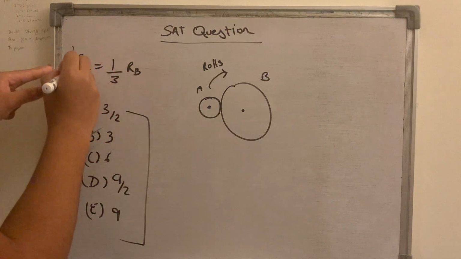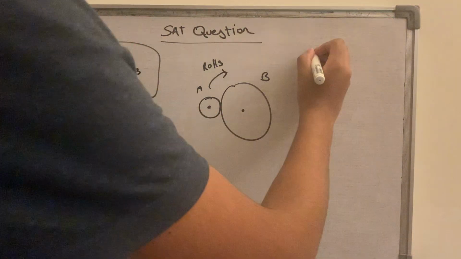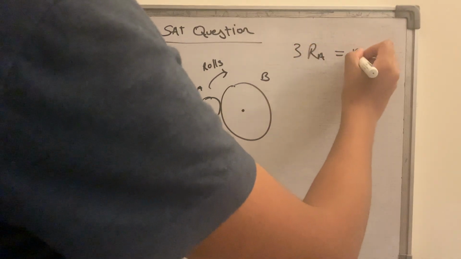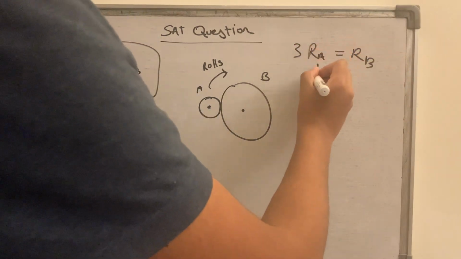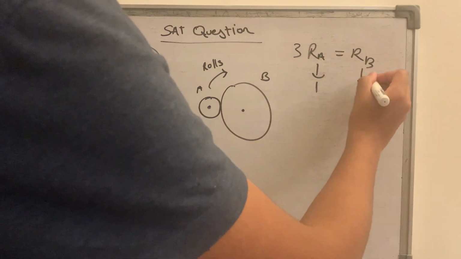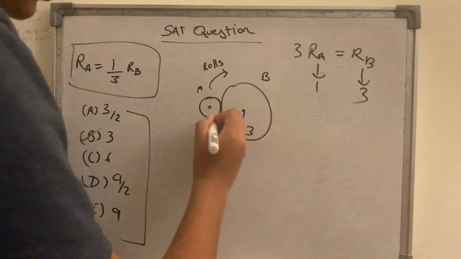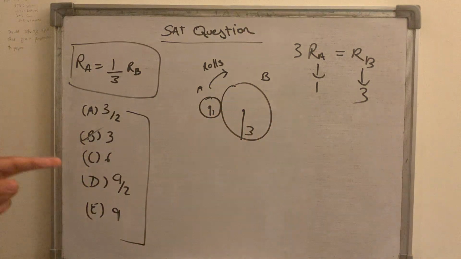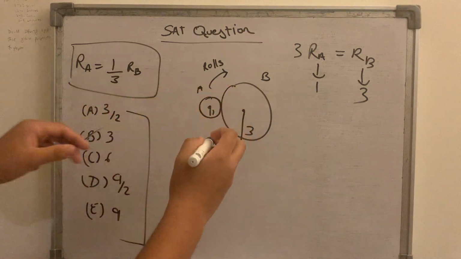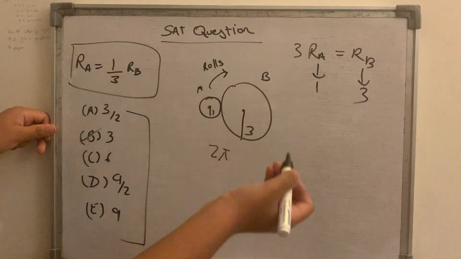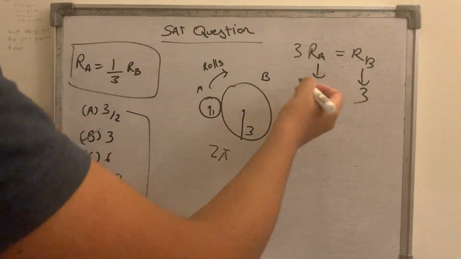So from what is given over here, you can say radius of A into 3 is equal to the radius of B. So let's take the radius of A as 1 unit. So radius of B will be 3 units. Okay, so this is 3 units. This is 1 unit. Now if you take out the circumference of circle A, then you will get 2 pi, right, because the circumference is 2 pi r and the radius we have taken as 1 unit.